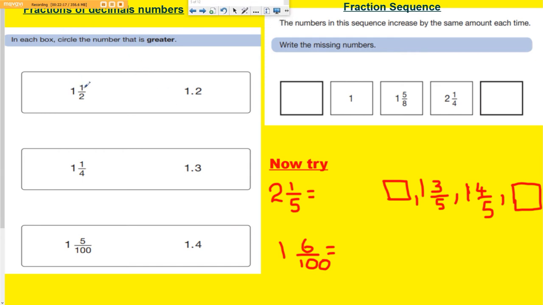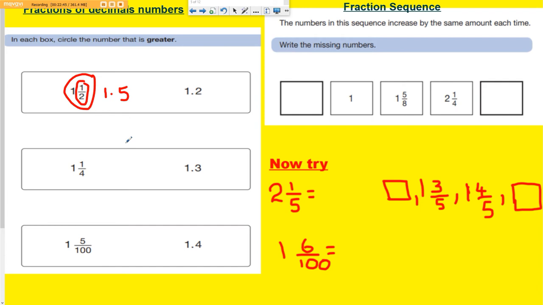They don't really at the SATs level give you questions that are too challenging. Like this one here, you should realize that this bit here is a half, which is 1.5. Now I said in each box circle a number that is greater. So that's 1.2 and that's 1.5. So this one would be greater.